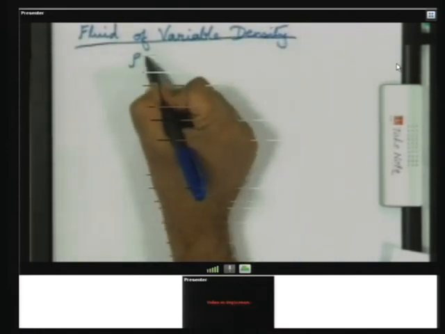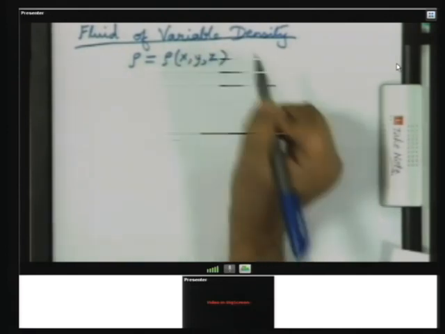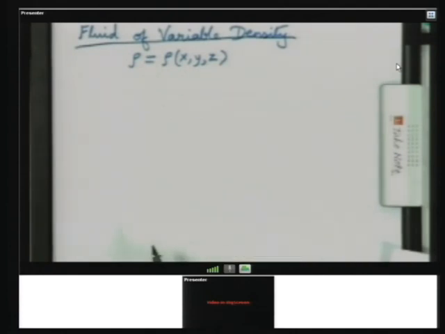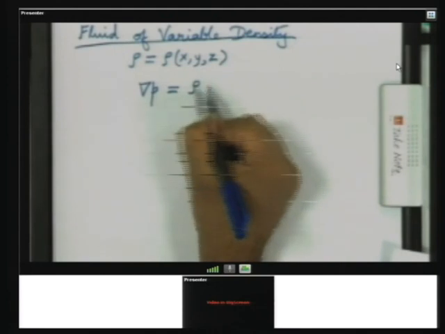So, let us say rho is a function of x, y, z. Can we solve this equation, grad p is equal to rho g?